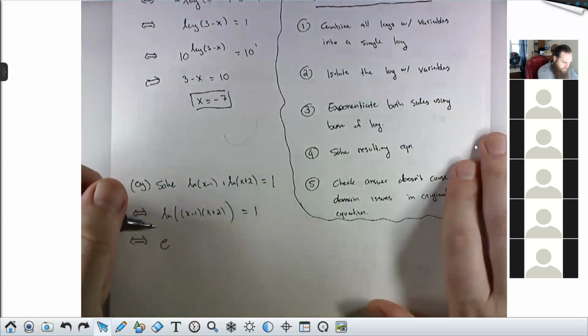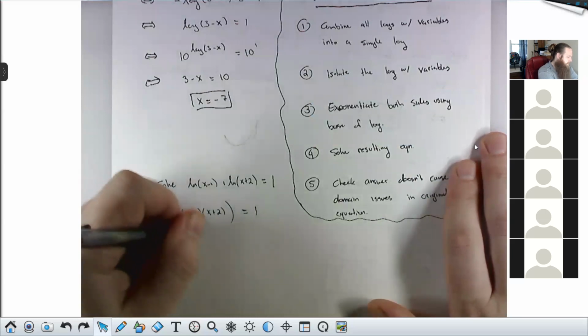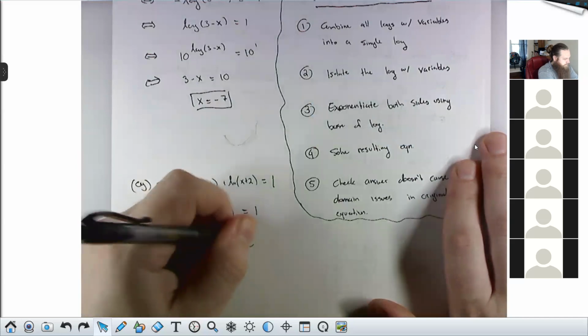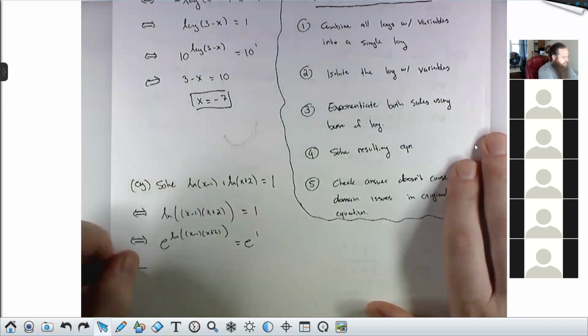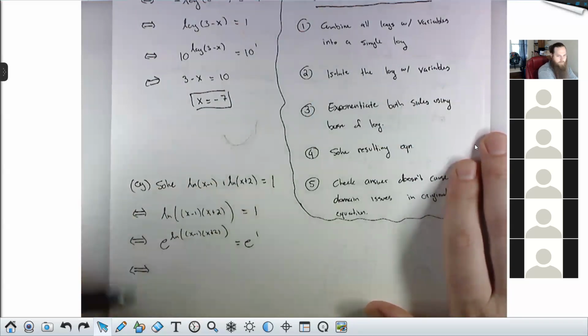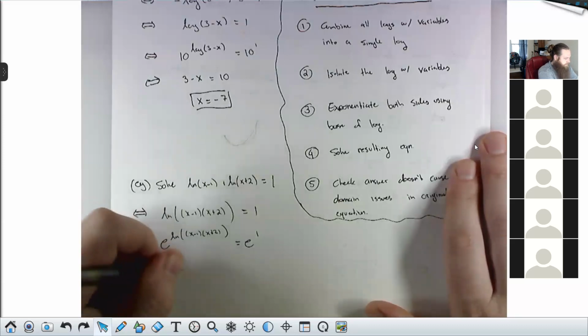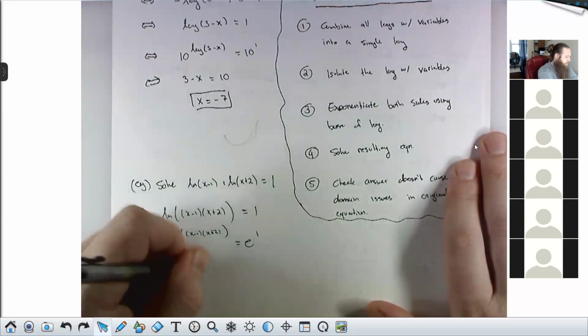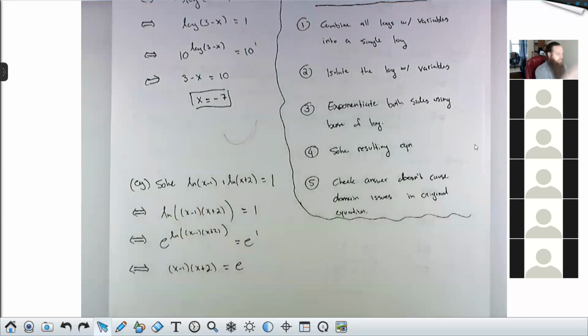E to the ln of x minus 1 times x plus 2 equals e to the 1. And on the left-hand side, e to the ln of some stuff is always just going to be that stuff. So this is x minus 1 times x plus 2 equals e to the 1, which is just e.